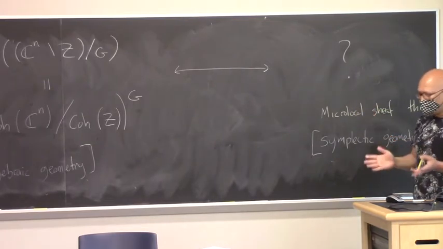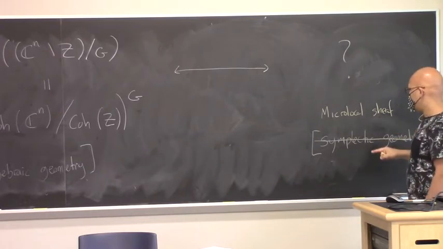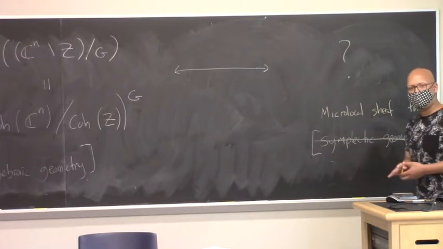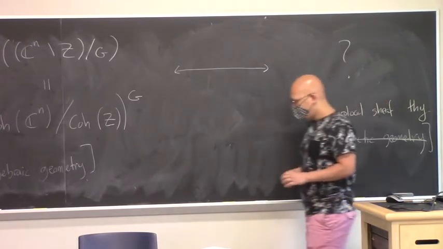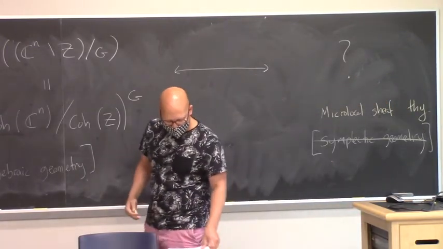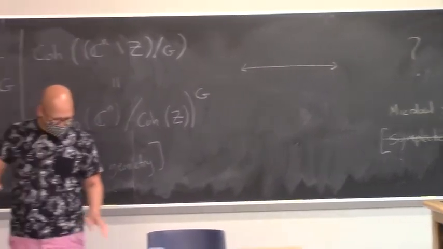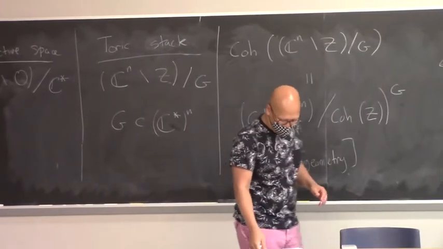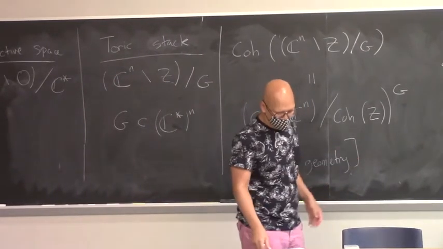So maybe I won't do it that way. Today, I will explain how to get some categories from microlocal sheaf theory that match this, and then next time I'll explain first how exactly that relates to the symplectic geometry, and then how to go beyond. So it's not quite in the order I put it in the abstract, but that's okay. So that's the plan.